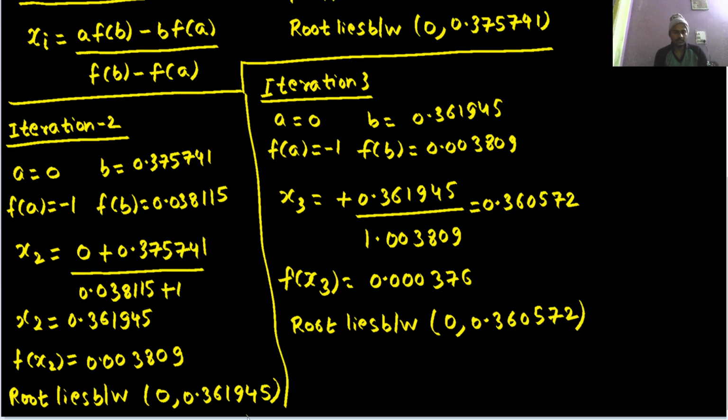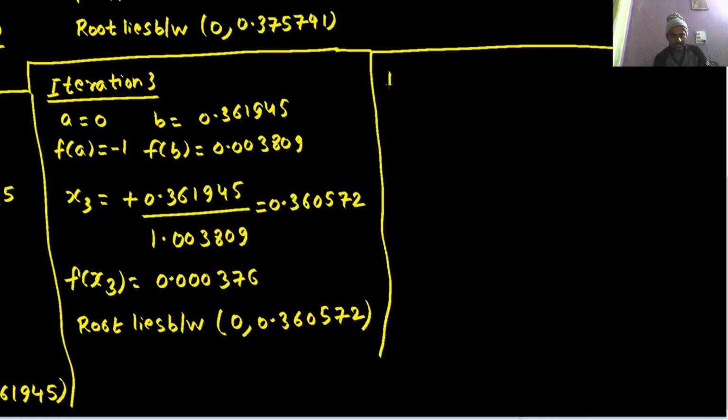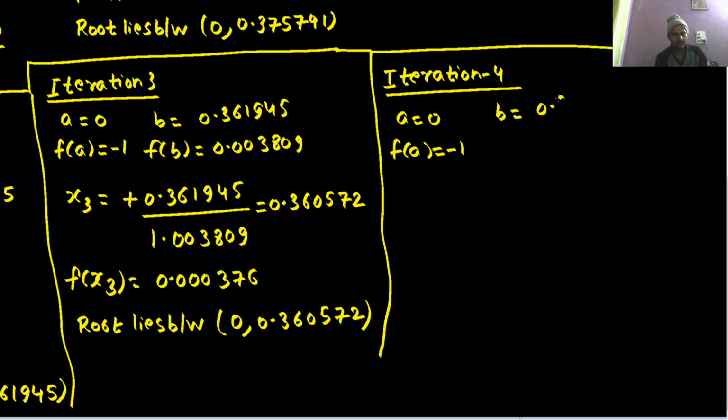Fine. So now let's move on to iteration number 4, with some hope that that will be our last iteration. So iteration number 4, value of a again 0, f of a again -1, value of b 0.360572, value of function at b is 0.000376.